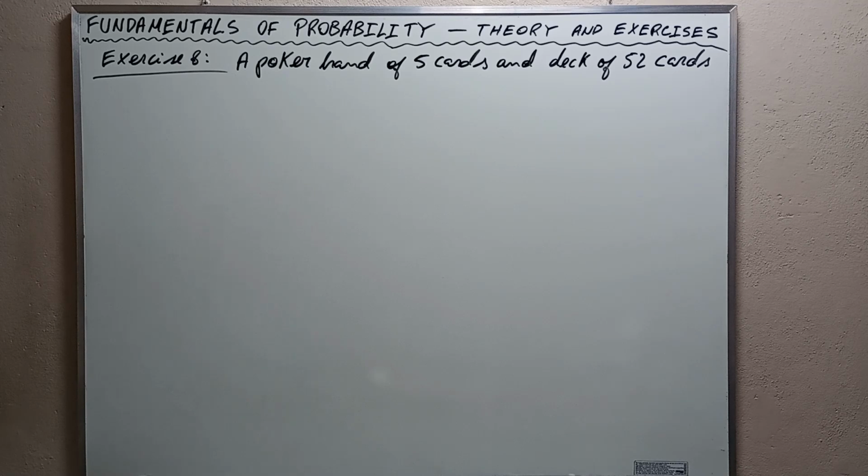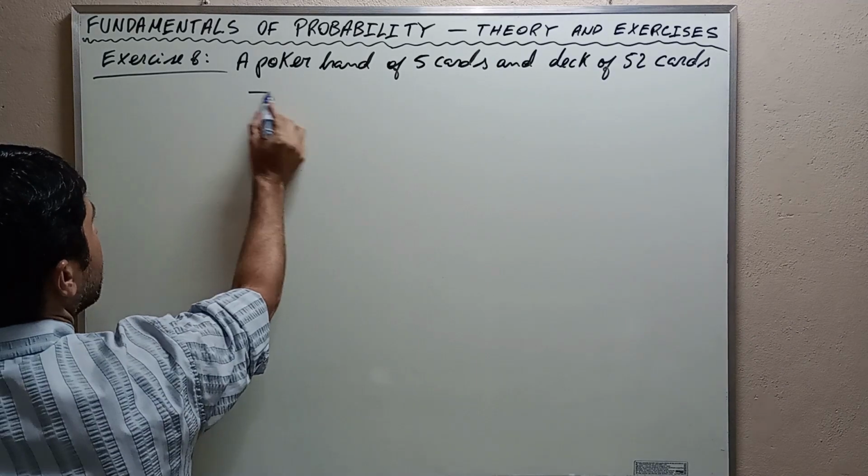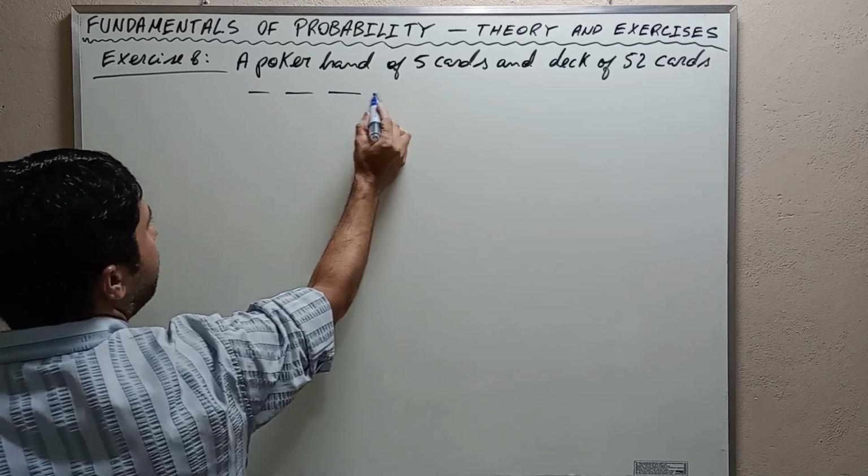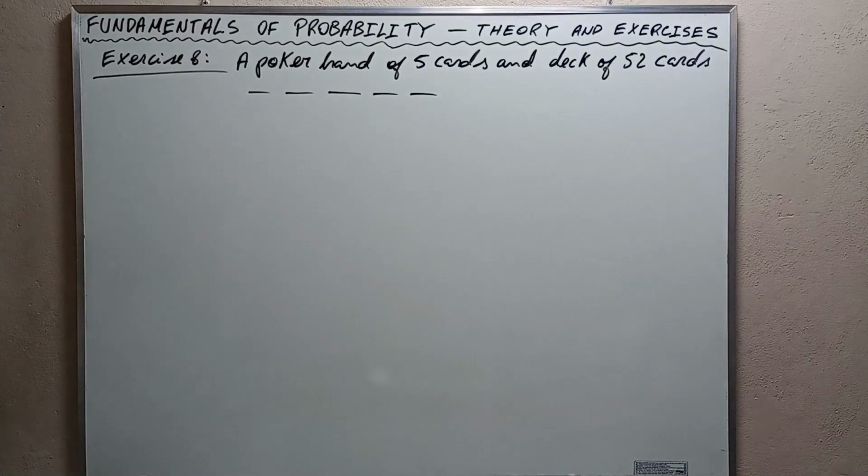We have 52 cards in a deck, okay? We have 52 possibilities of cards in a deck. But a poker hand is comprised of only 5 cards. Then we have 1, 2, 3, 4, 5 possibilities because we have only 5 cards in a poker hand.